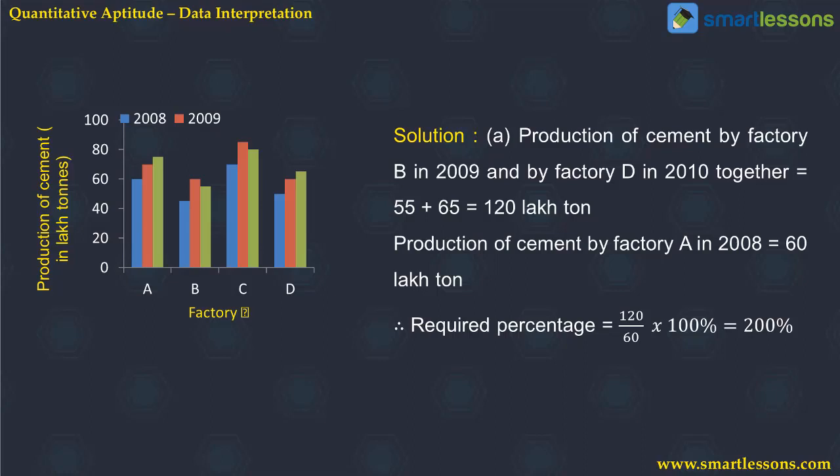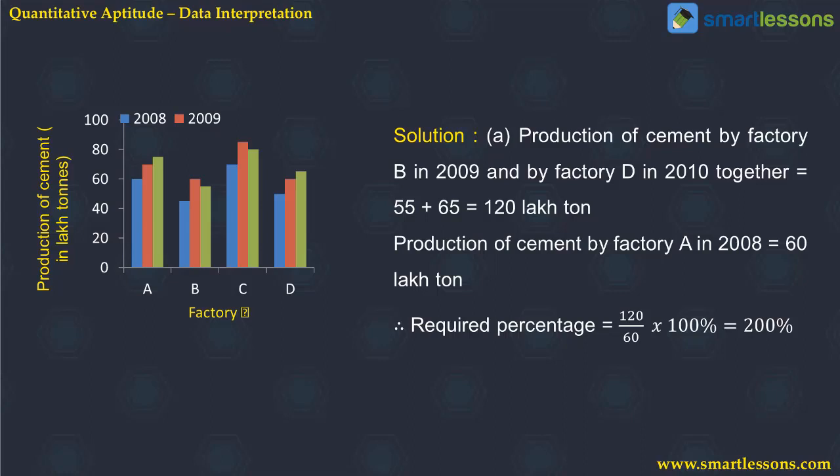Alright. And the production of factory A in 2008, how much is it? It is coming 60 lakh tons. Okay. So when you add together the production of cement by factory B in 2009 and by factory D in 2010, that is giving you 120 lakh ton, and the production of cement by factory A in 2008 is 60 lakh ton.